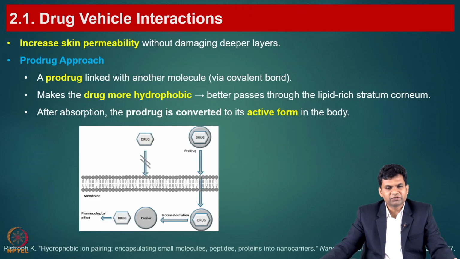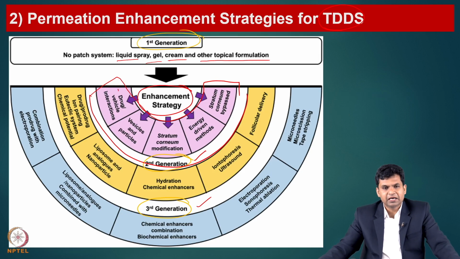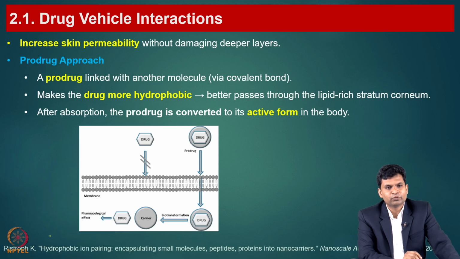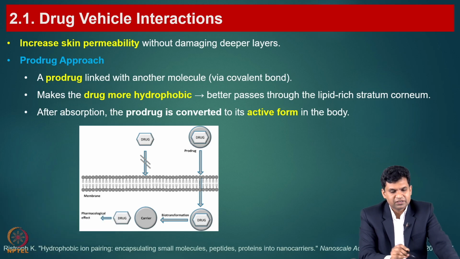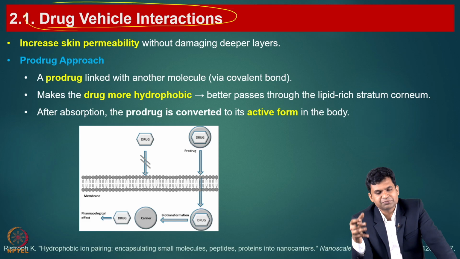So, the first system we can see here is the drug vehicle systems, and here we have two major components. In the first point, you can see drug vehicle interaction. Here the vehicle, or any agent or substance that helps permeation, will interact with your drug.